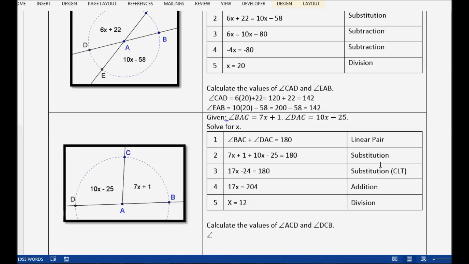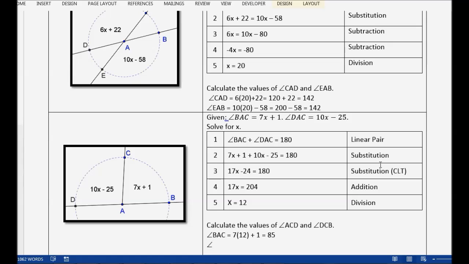Then the measure of angle ACD is equal to, not ACD, BAC is equal to 7 times 12 plus 1. 7 times 12 is 84, plus 1 is 85.